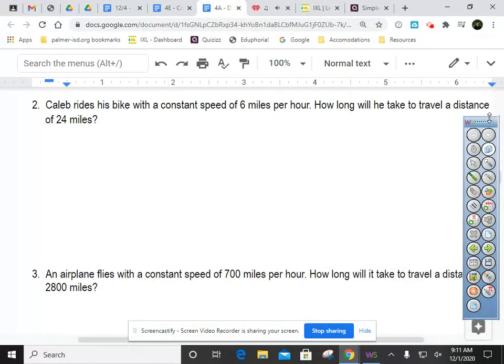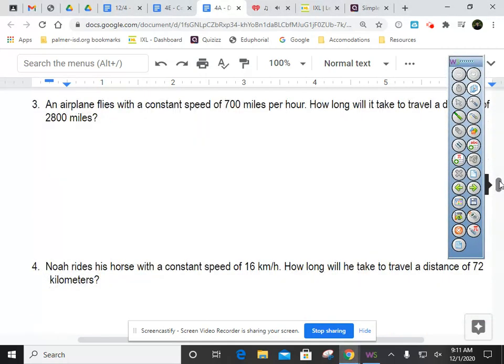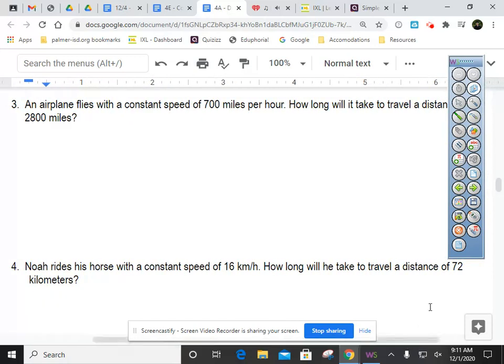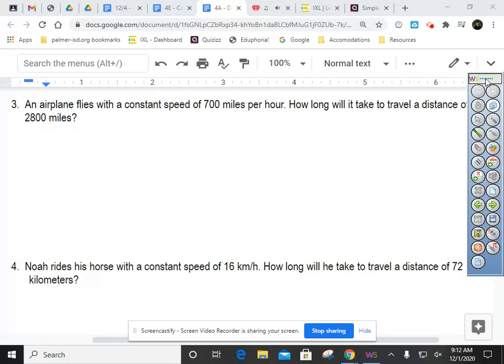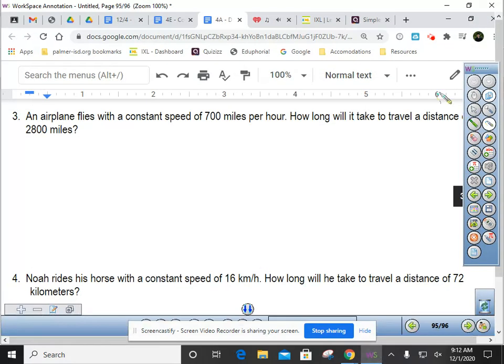Look at the next one. An airplane flies with a constant speed of 700 miles per hour. How long will it take to travel a distance of 2,800 miles? What is it asking you for? The time. What's the formula? D equals RT. What is the distance? How far does it go? 2,800.